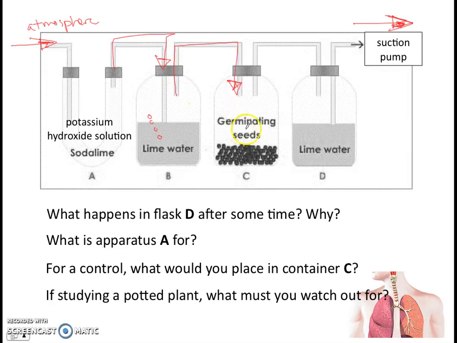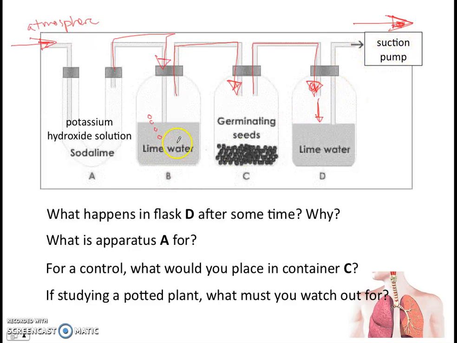Right, so the germinating seeds will receive some sort of air, and the air from there will then be passed into the container here containing lime water. So again, whatever comes out here will be tested in the lime water, and then finally the suction pump works this way.